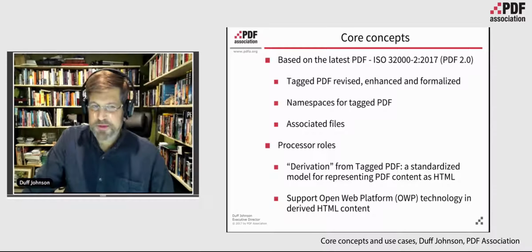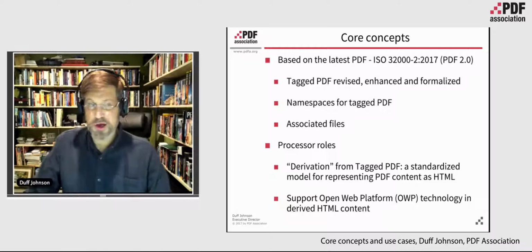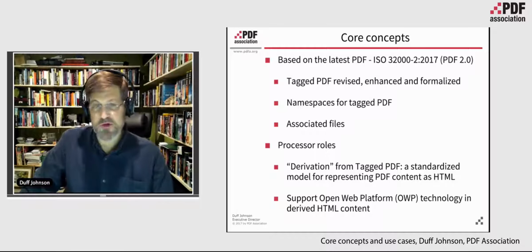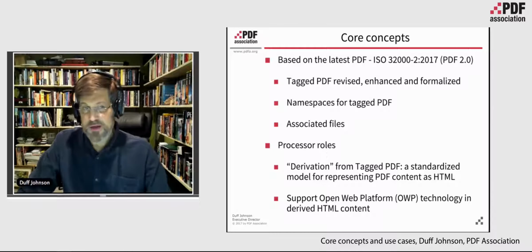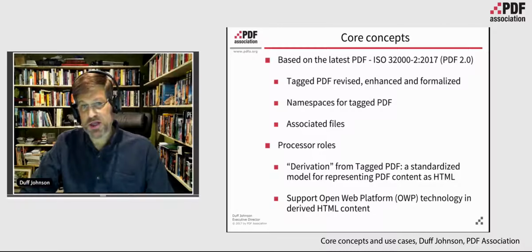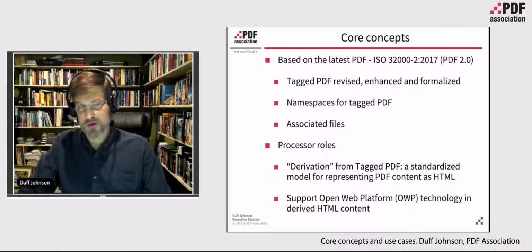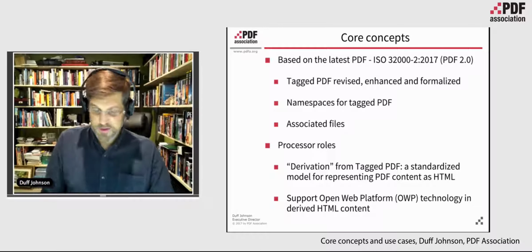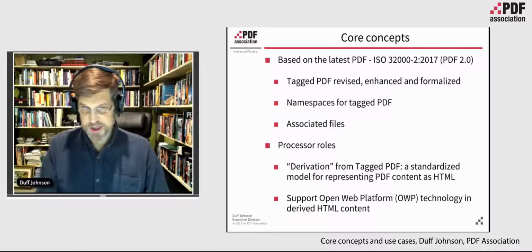So core concepts, in addition, it's based on PDF 2.0, and consistent with that, it's very much rooted in the concept of tagged PDF, which has undergone an enormous overhaul between PDF 1.7 and 2.0. The tag set has changed, the tag descriptions have changed, the attributes and their descriptions have improved, the rules, I'll get into this actually a little bit.